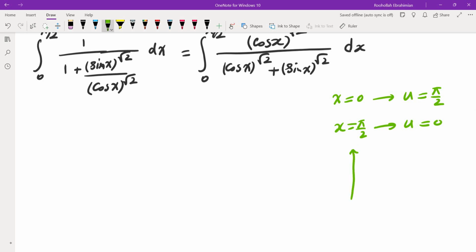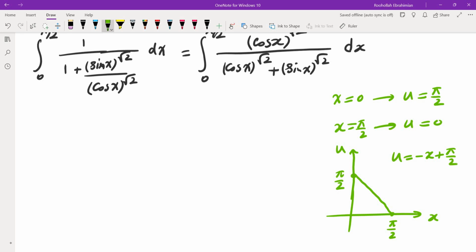So if you look at this in the ux plane, it goes through this point and this point. So the line is this. And clearly this line is u equals negative x plus pi over 2, since the slope is -1 and the u-intercept is pi over 2.